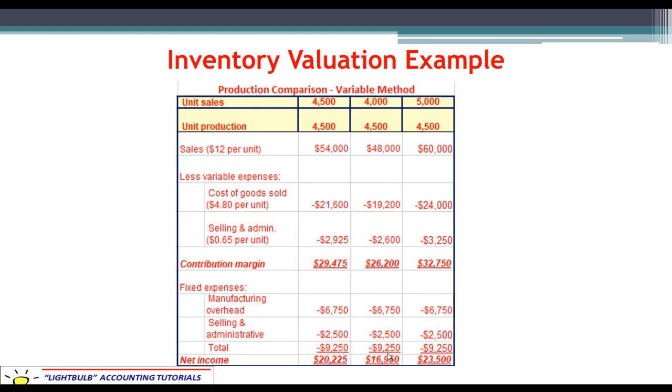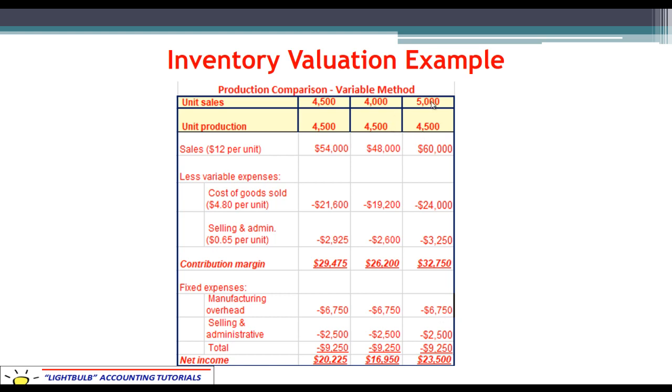The reason for that is that under the variable method, we're counting the entire amount of fixed manufacturing overhead as an expense this period, even though we didn't sell all the units. So we have a lot more expense under the variable method, whereas under the absorption method, some of that fixed manufacturing overhead would have been deferred. It would have been stuck in the product cost for the 500 units we did not sell. It would have been an asset instead of an expense.